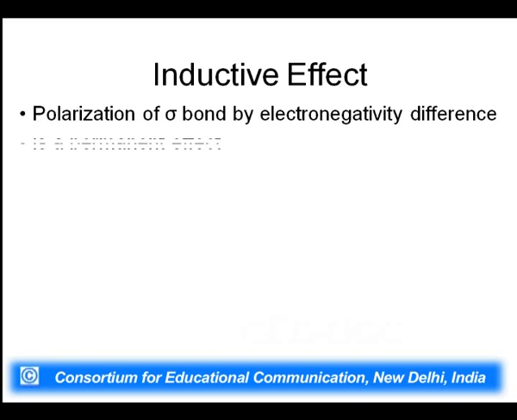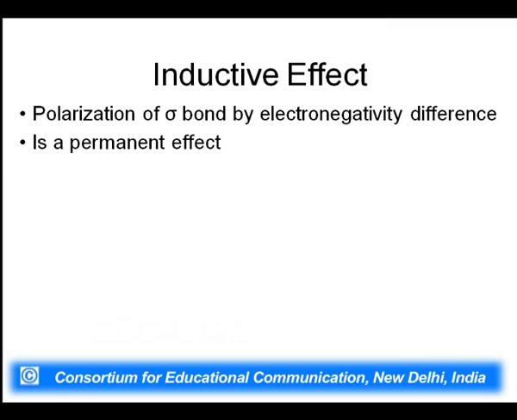Now, what is the inductive effect and what are its features? We would be discussing those, and the first most important point is that it is a permanent effect. What do you mean by permanent effect?